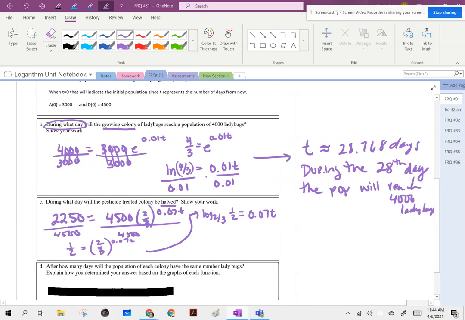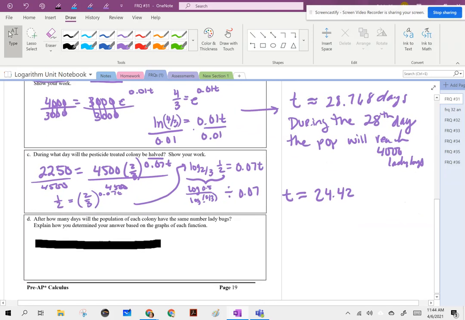The difference here is that because the base is 2/3, we need to do the change of base formula. So in your calculator, you go log of the argument, which is 0.5, divided by log of 2/3, get that number, and then divide that number by 0.07. You end up getting T is about 24.42.